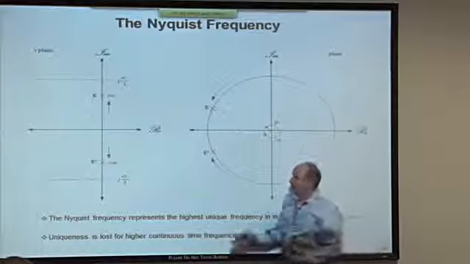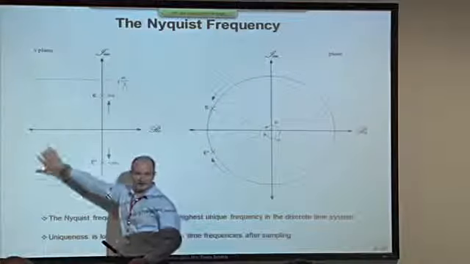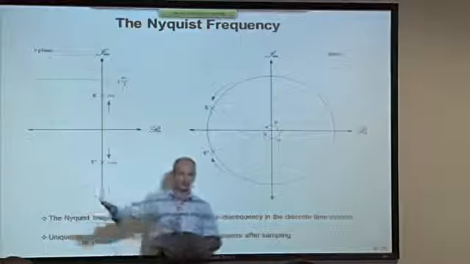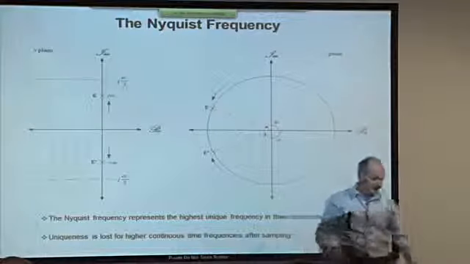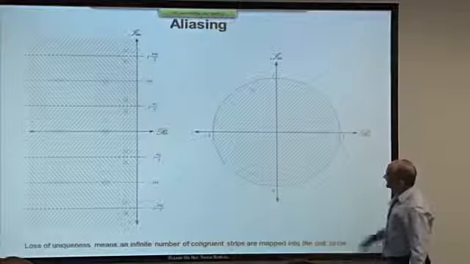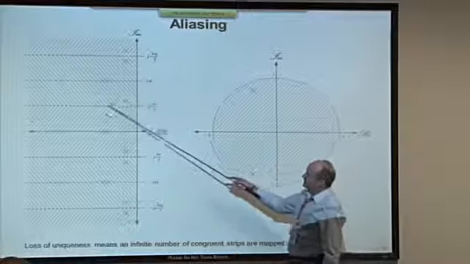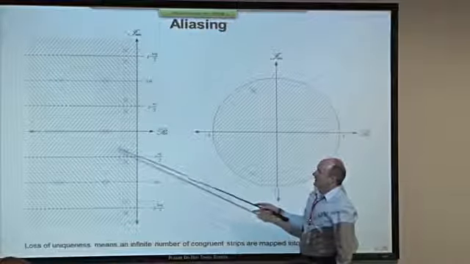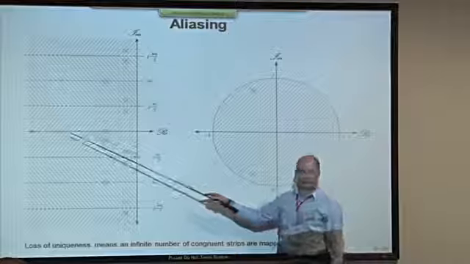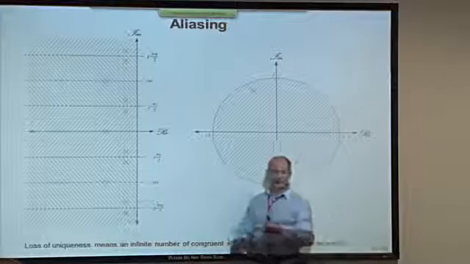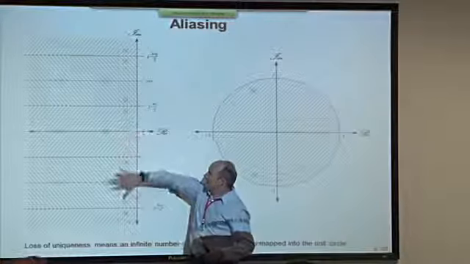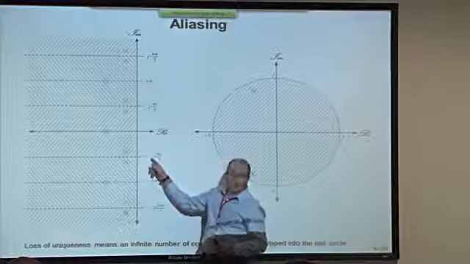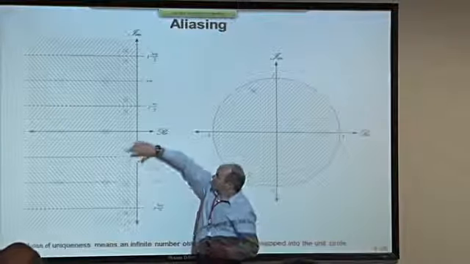It's equivalent to dividing up the S-plane into a number of parallel strips, each strip containing an identical set of data. This is what it is. So imagine in this primary strip, as I've told you, you have a pattern of poles and zeros. Well, that pattern of poles and zeros is reflected down in the line j omega s minus j omega s over 2, and it's also reflected up.